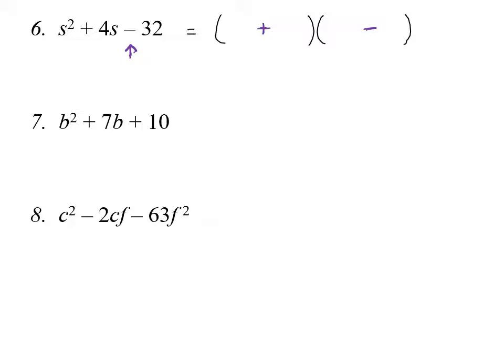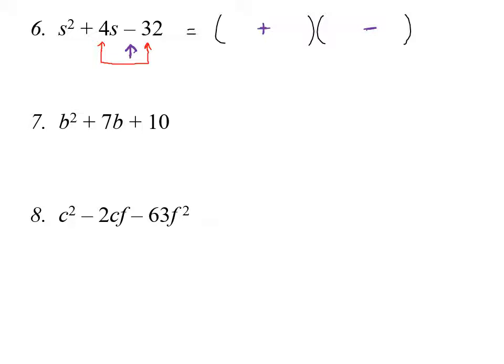Then you're looking for these two numbers. You need two numbers that multiply to 32 that add or subtract to give you 4.